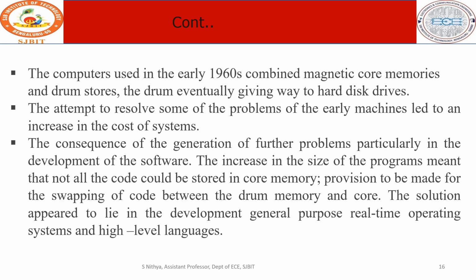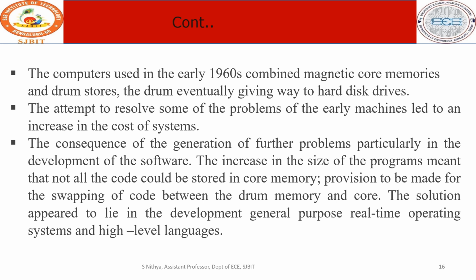A consequence was further problems, particularly in software development. The increase in program size meant that not all code could be stored in core memory, so provisions had to be made for swapping code between the drum memory and core. We have already talked about swapping programs in the operating system.